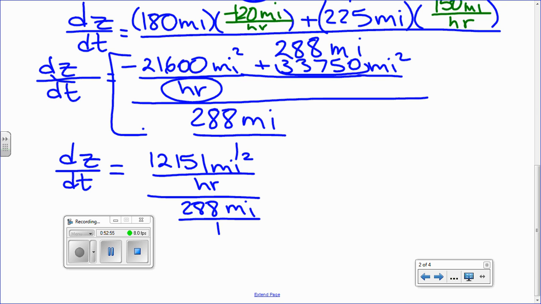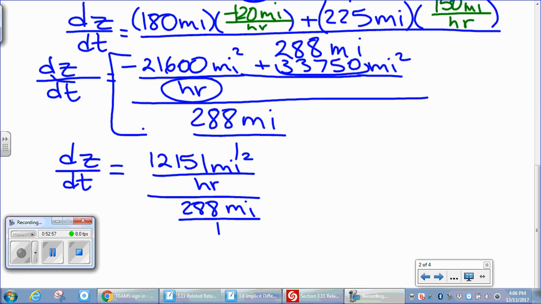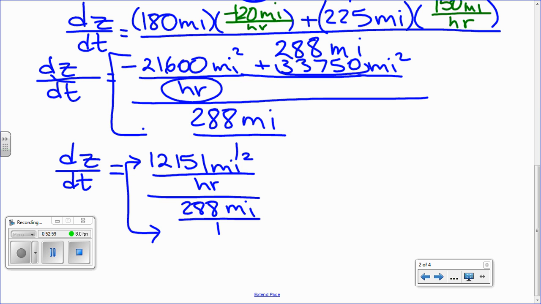So now we can go ahead and multiply the outer quantities like that. So that will be 12,151 miles squared.